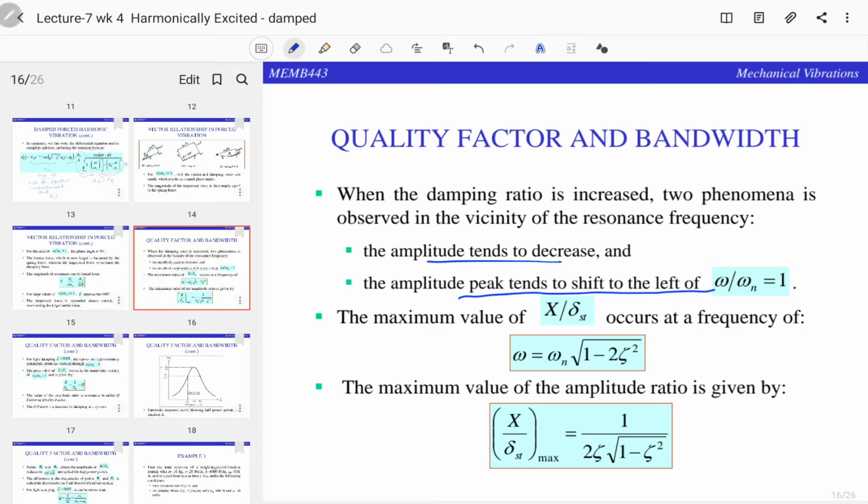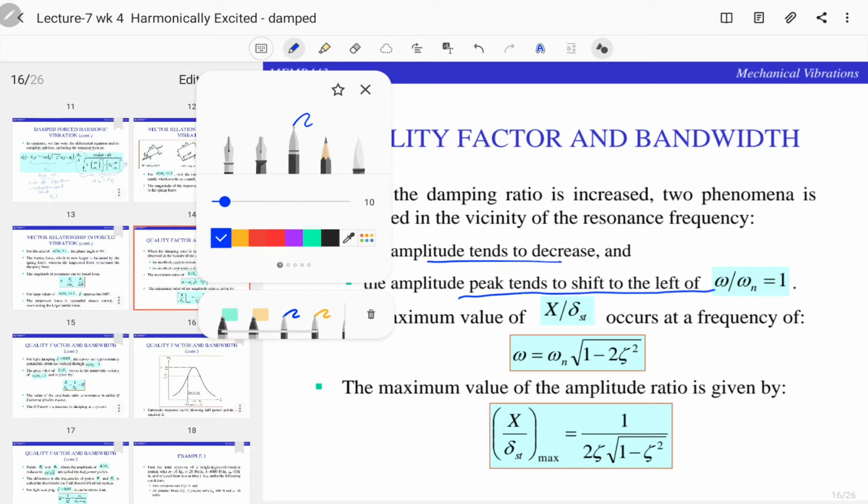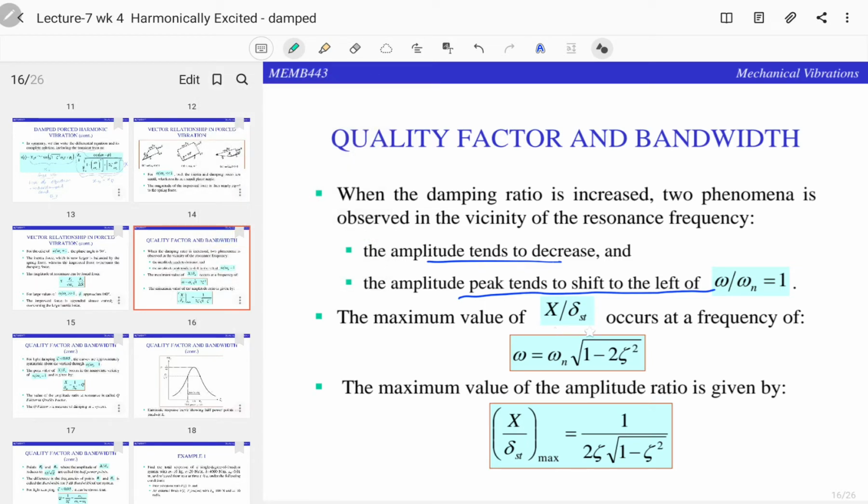So you can actually find the frequency that relates to this. If you take a look at how you determine what frequency you experience, this is the maximum value of the frequency, and this is the maximum value of the amplitude ratio at the peak where omega over omega n equals 1.